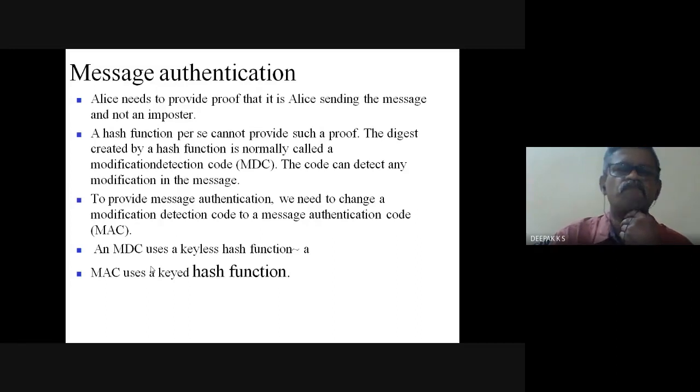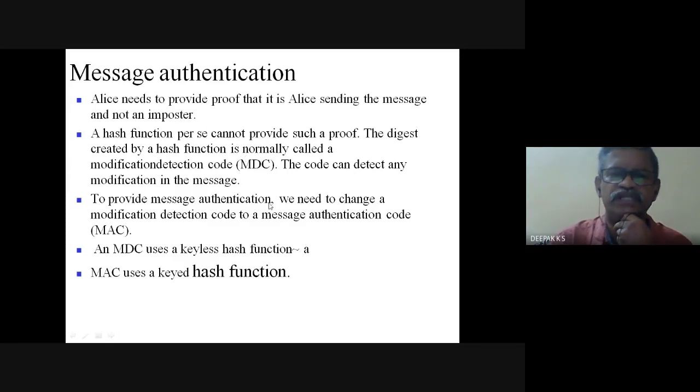Now, the hash function we saw earlier is not suited for this. It cannot provide a proof. The digest created by a hash function is normally called a modification detection code. The code can detect any modification in the message. So what we saw earlier was a modification detection code, which ensures only integrity.